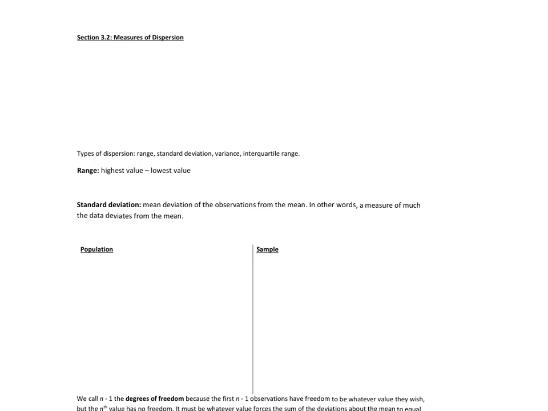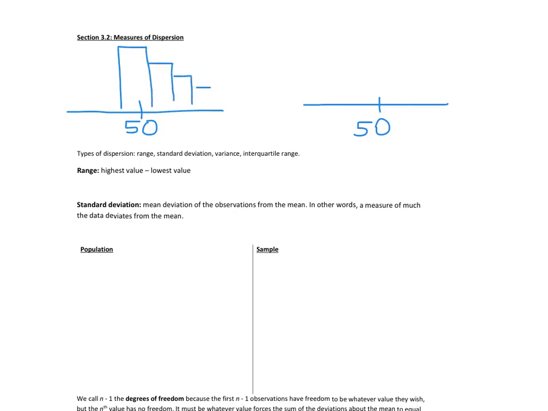And how we're going to do that is we are going to draw two histograms that both have the same mean and the same shape. So let's say they have a mean at 50. These two histograms are both bell-shaped and symmetric. But let's say the one on the left right here has more spread.